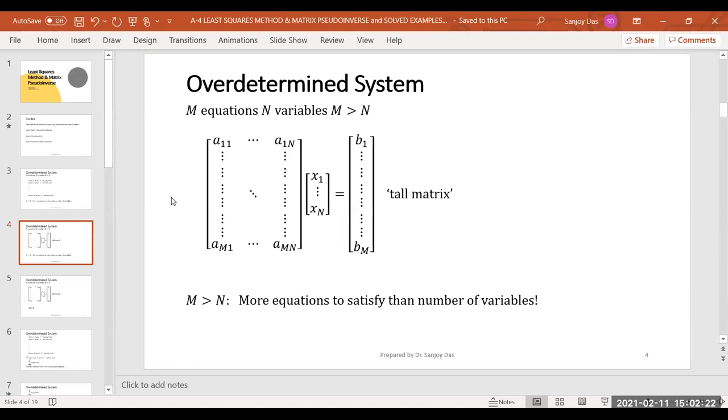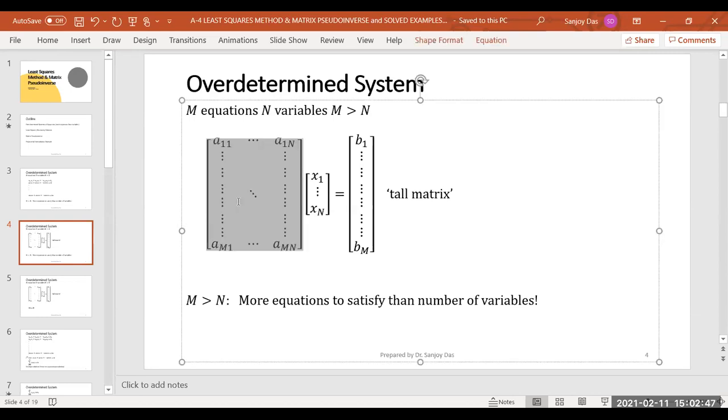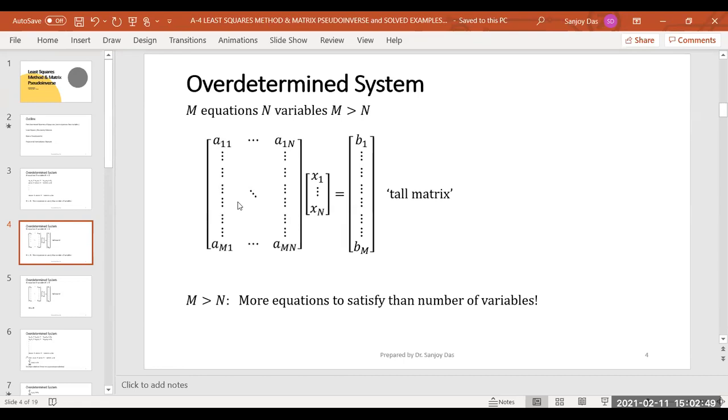Well, there's no such thing as variables being linearly independent or dependent, but the columns of this matrix A must be linearly independent. Again, there's no such thing as singular and non-singular in this case because it's not a square matrix.